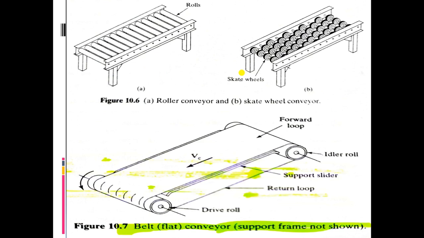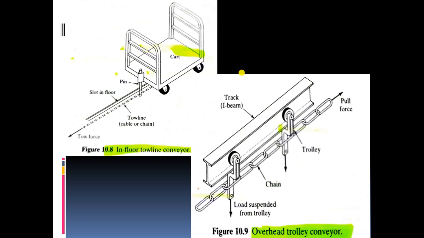You can see this is a roller conveyor, skate wheel conveyor, and this is a belt conveyor. This is the in-floor tow line conveyor, and this is the overhead trolley conveyor.